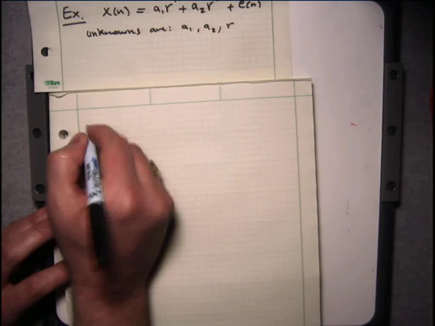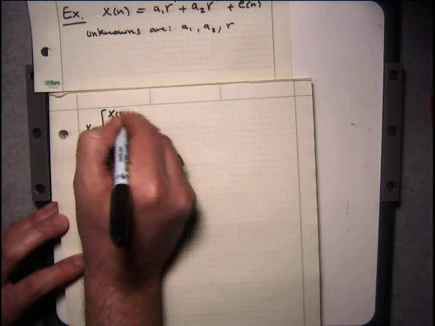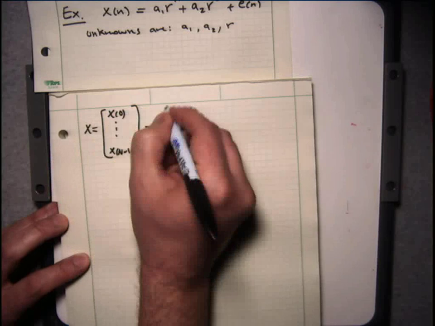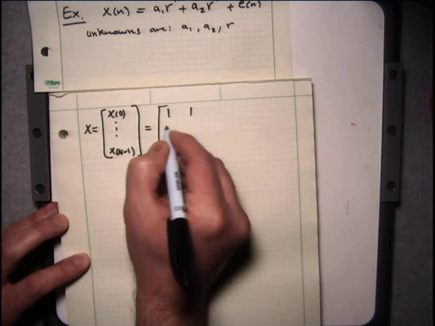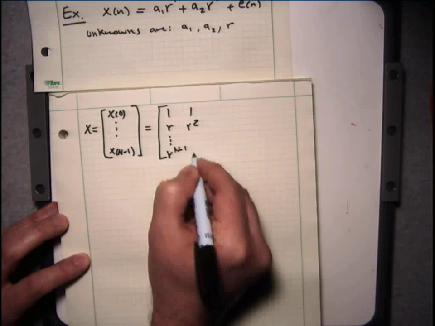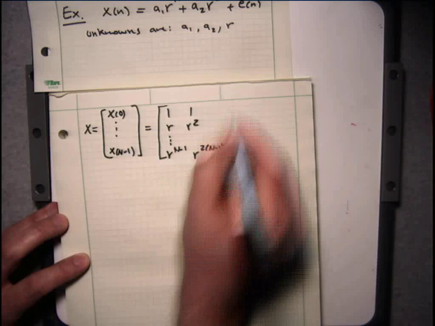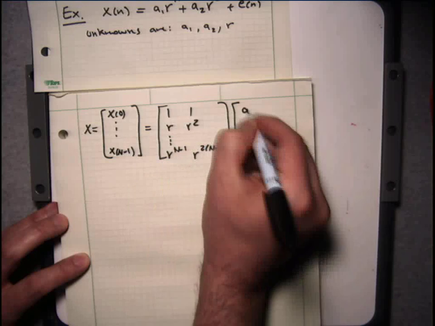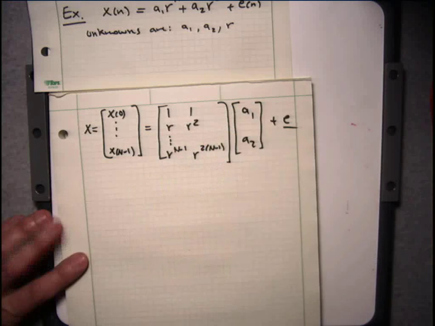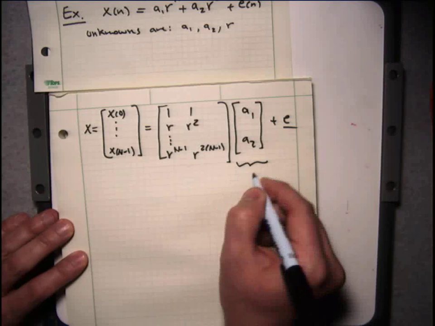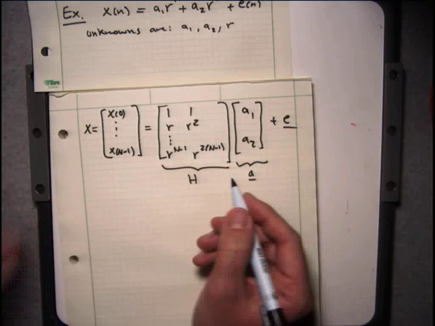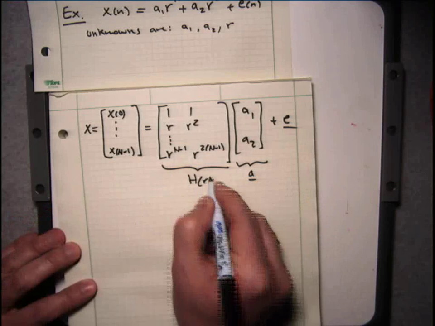Let's write all of our data: x0 through x n minus 1 equals the matrix with columns 1, r, r squared, and so on, up to r to the n minus 1, r to the 2n minus 1, times a1, a2, plus noise. Let's call this the parameter vector A. And this is h, except that it contains an unknown, so I'm going to call it h of r.